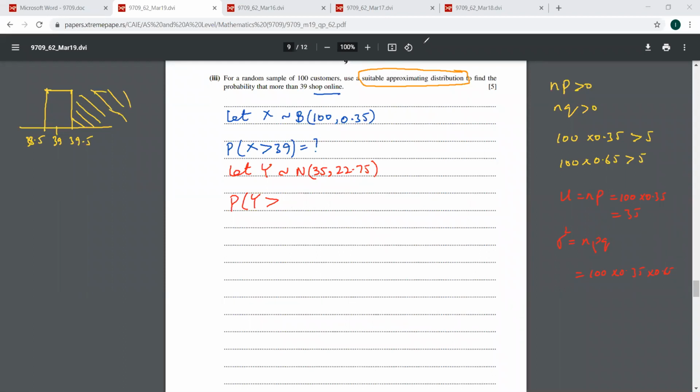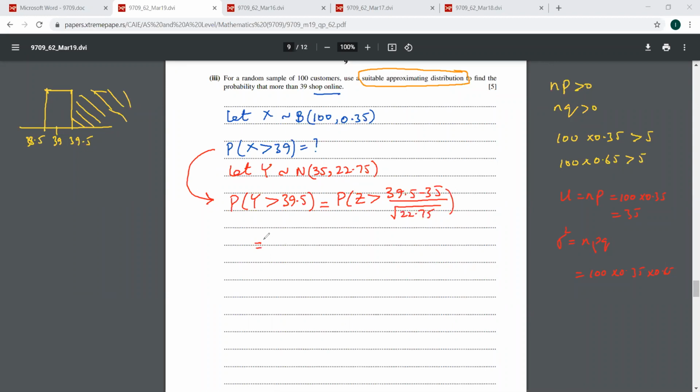So this is going to be greater than 39.5. So finding this probability means that you have to find the probability that Y is more than 39.5, and then you standardize this. This is going to be probability Z is greater than x minus mu over the standard deviation. Never forget to put the square root over here.